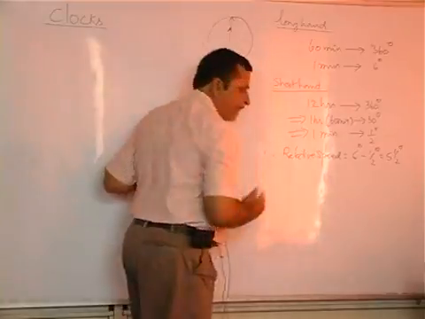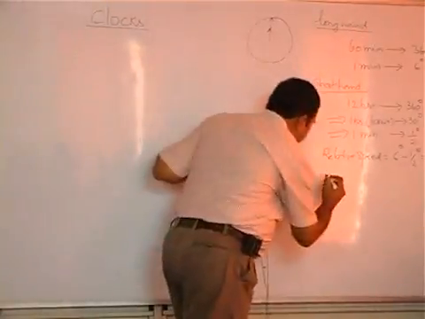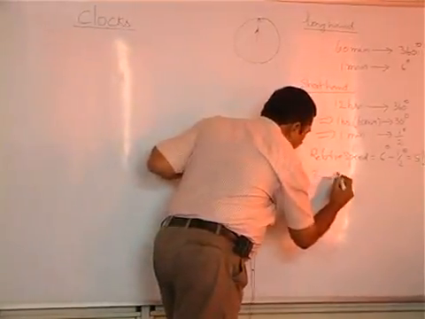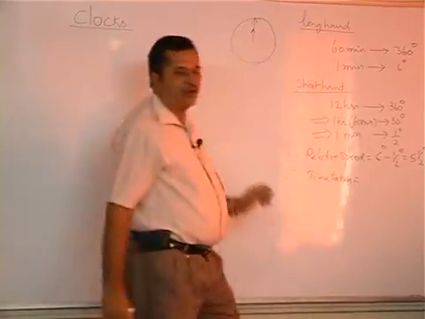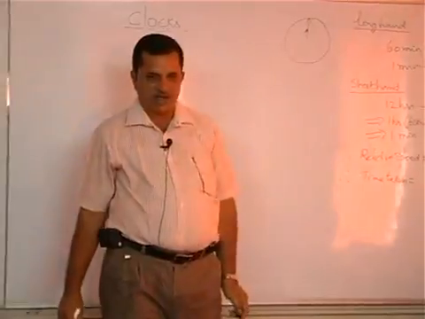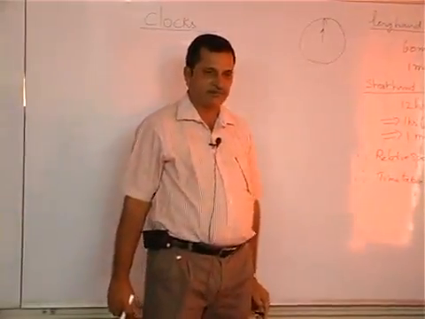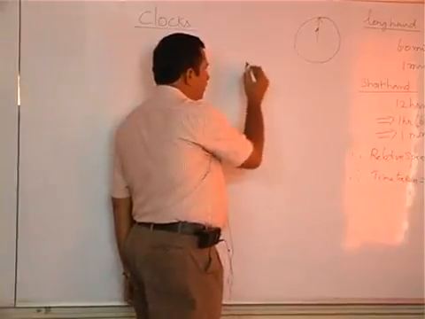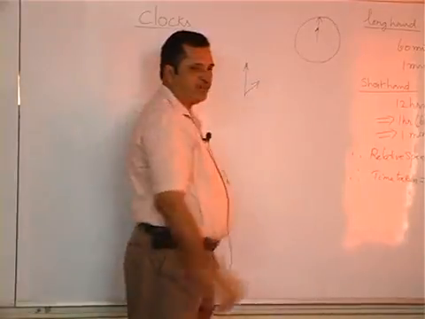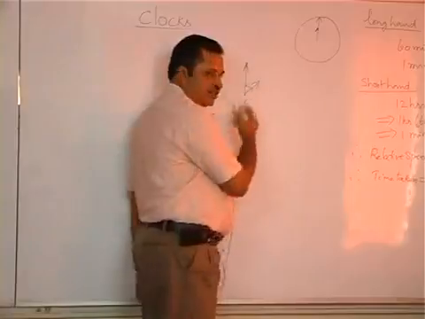Therefore, the time taken is equal to the original formula. What is the formula for time? Distance by speed. But in clocks between two hands, you won't have distance, you will have angle, is it not?